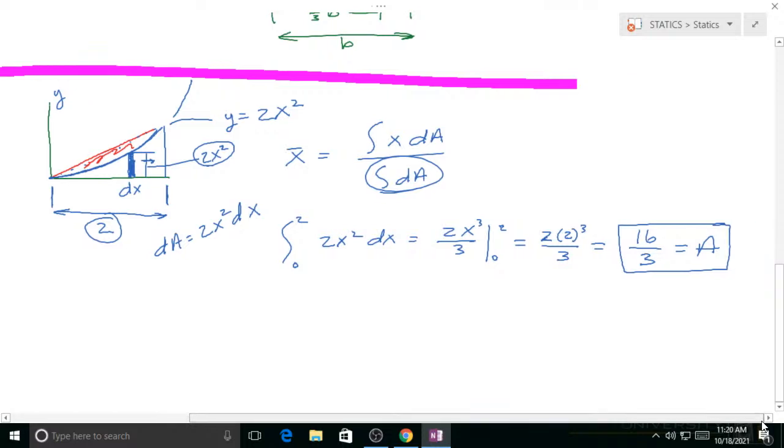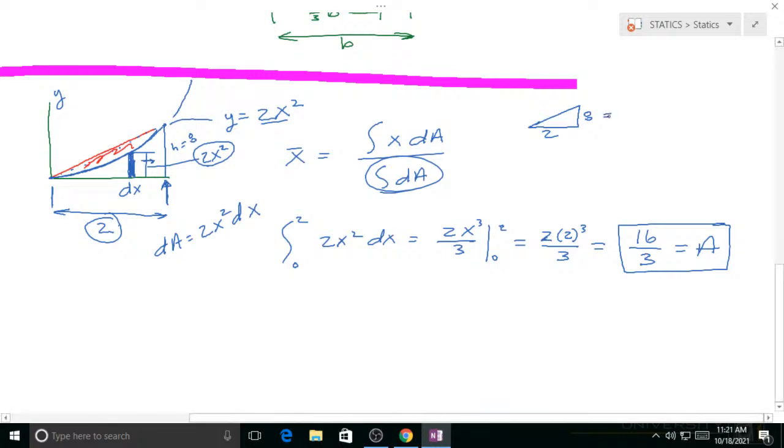So this height, if I put in 2 into this, I get 2 squared, that's 4. So this thing is going to be 8. So if I had a triangle that was 2 and 8, did I do that right? If I put in 2 here, then that height up to that point, 2 times 2 is 4 times 2 is 8.